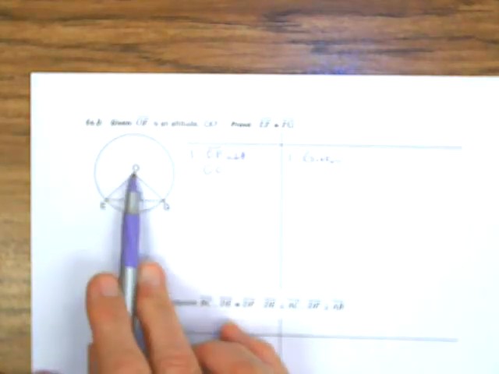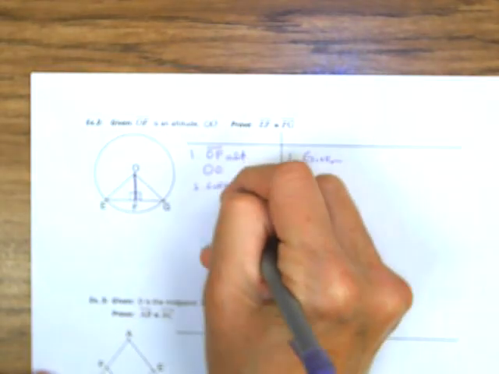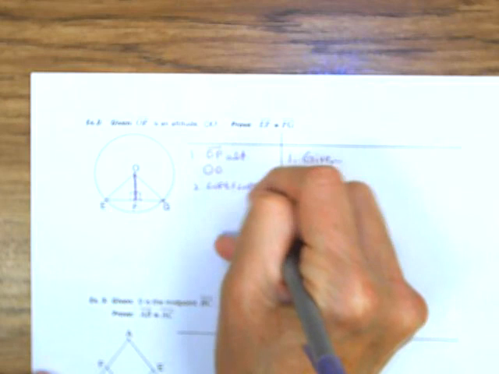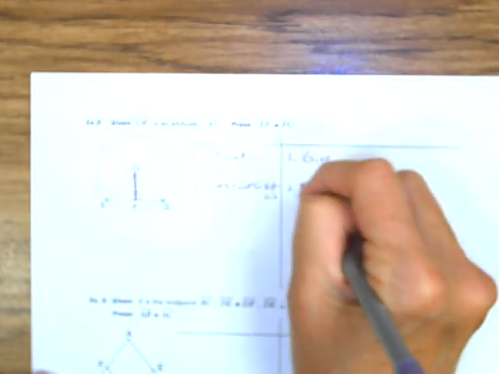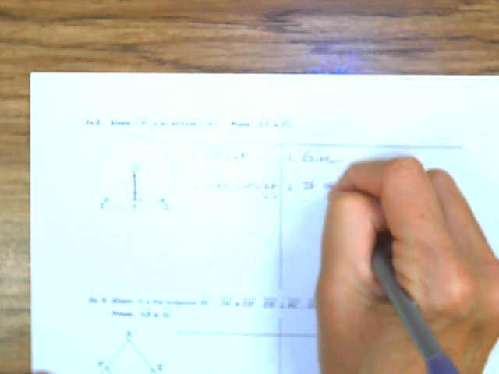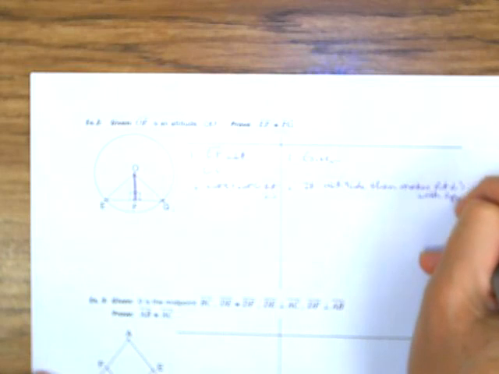So that would be OFE and OFG. Angle OFE and angle OFG are right angles. If we have an altitude, I'm going to say if altitude, then makes right angles with the opposite side.